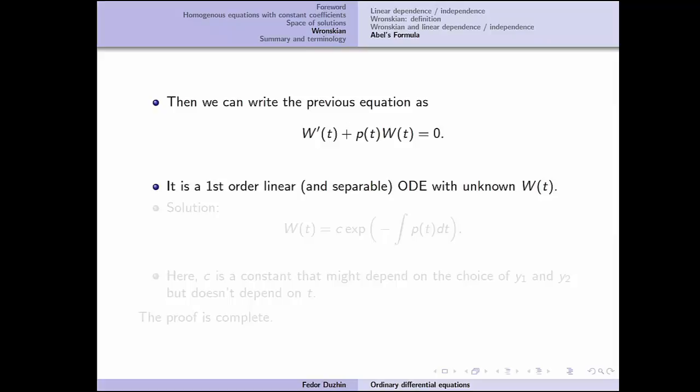Then you can multiply it by the integrating factor, and the integrating factor here is exactly e to the antiderivative of p of t dt, and so on. I think you can do it yourself, so that you see that the solution is exactly as it is claimed in Abel's formula.